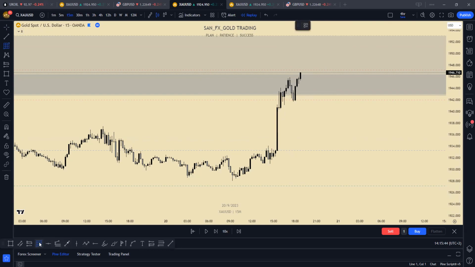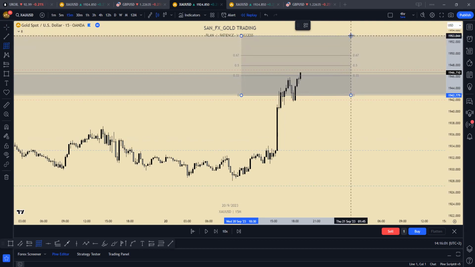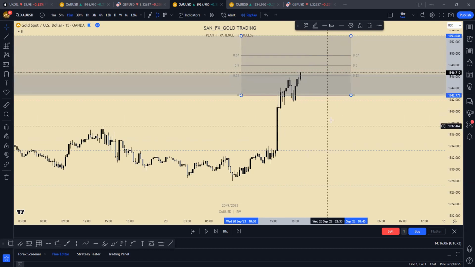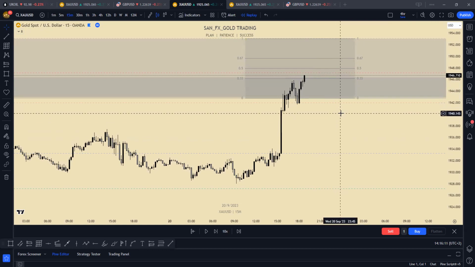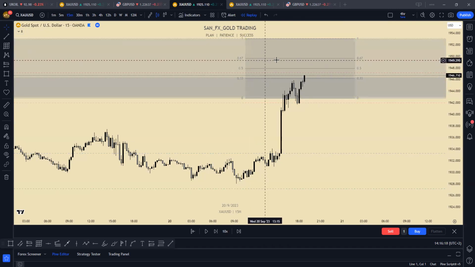We can use this tool. Its name is Ganbox. You can find it here in the third window. Because I'm always watching how deep the mitigation is into the POIs. And I like to take those entries which are deeper than 33% or 50, 67.